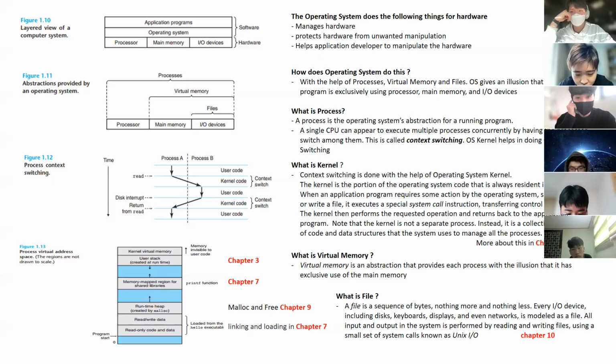The operating system has many tasks, not only the kernel. The kernel is one of the tasks, but the operating system also deals with input-output devices and other tasks, plus the kernel. So the kernel is a very important part of the operating system.